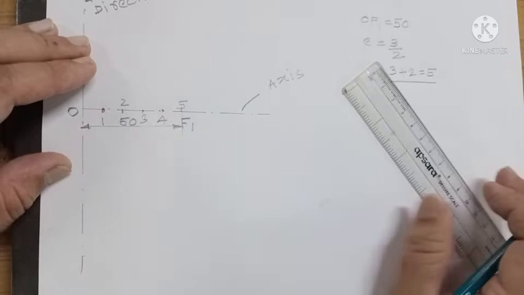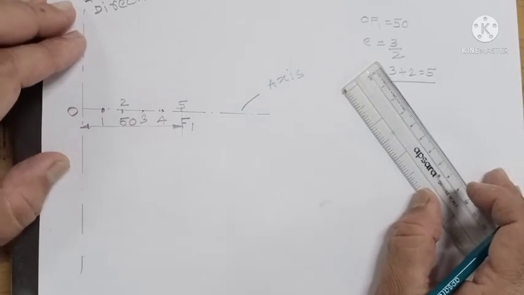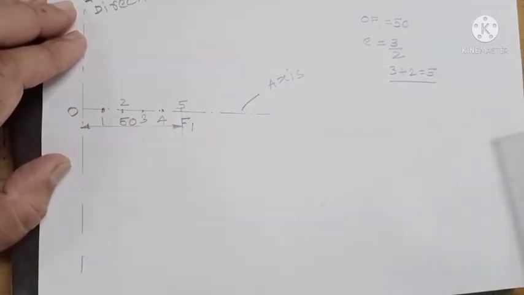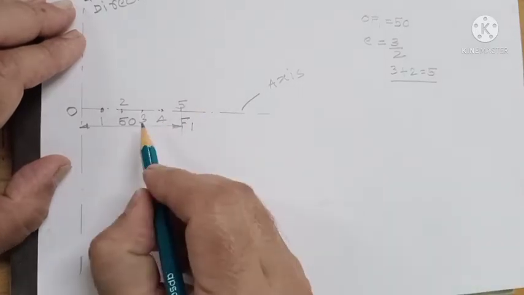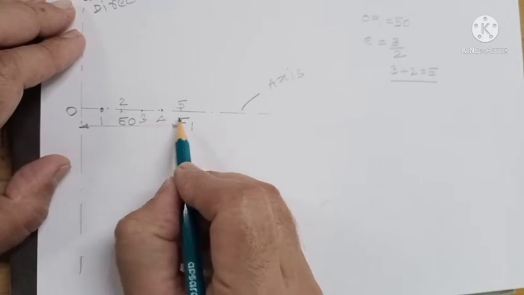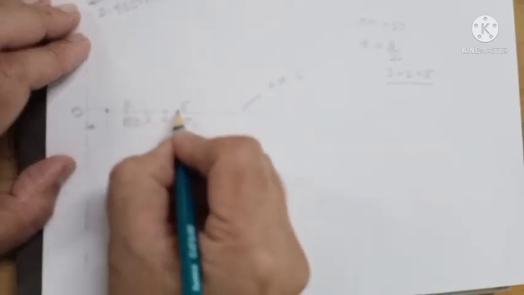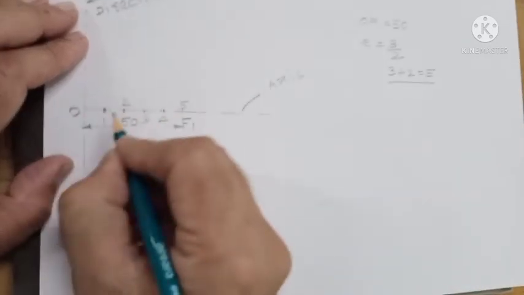Now we have to divide this distance in the ratio of 3/2. So 3 divisions are towards the focus and 2 divisions towards the directrix. So these are the 3 divisions and these are the 2 divisions.